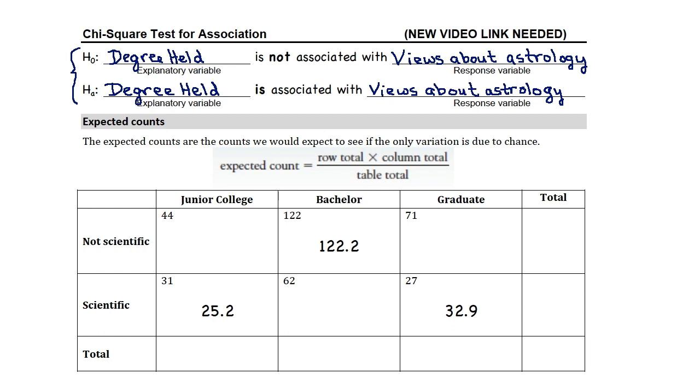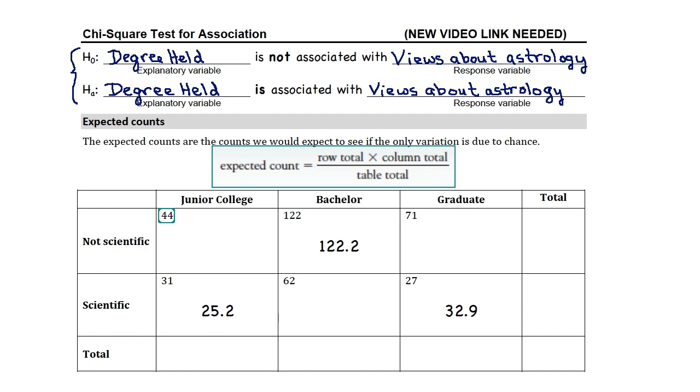The idea of an expected count is based on the null hypothesis. It says if there really is no association between these two variables, how should the counts be distributed in this table? Our observed counts are these numbers up in the corner. So we saw 44 junior college degree holders who think that astrology is not scientific.